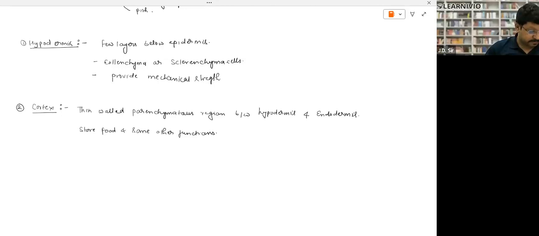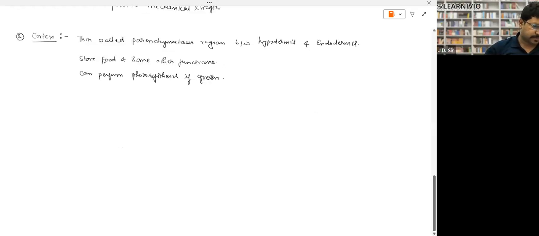Next point. They can perform photosynthesis if green. If chloroplasts are present, they can perform photosynthesis, right?